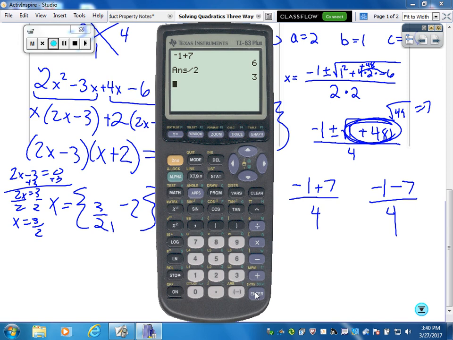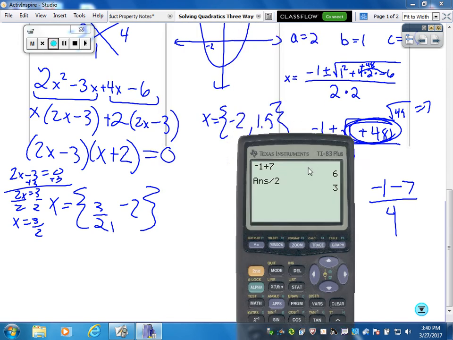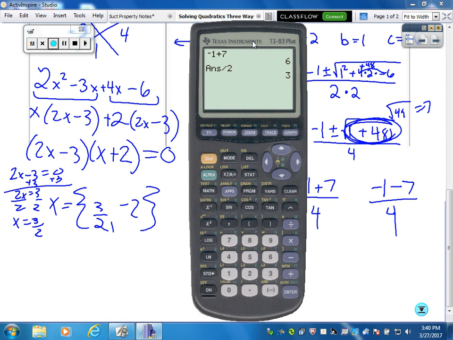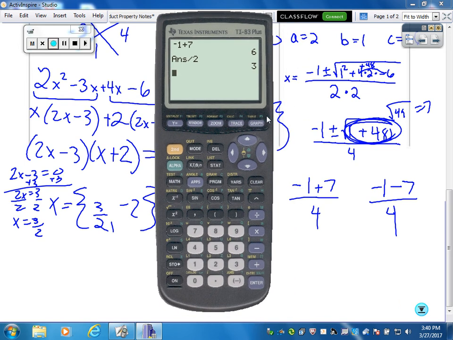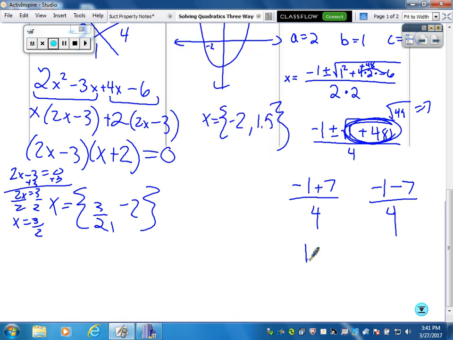Did I make a mistake way over here? Nope, should be a -2. Oh, I wasn't supposed to be dividing by 2. I was supposed to be dividing by 4. I apologize. Let's try that one more time. -1 plus 7 is 6, and then we need to divide by 4. My bad. This was the 1.5 one.